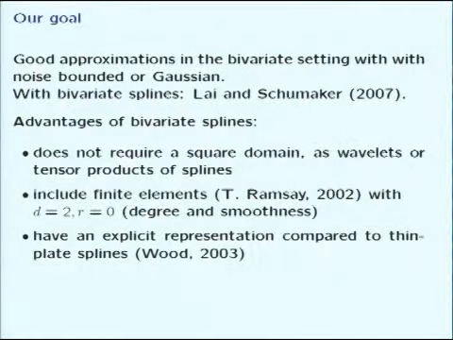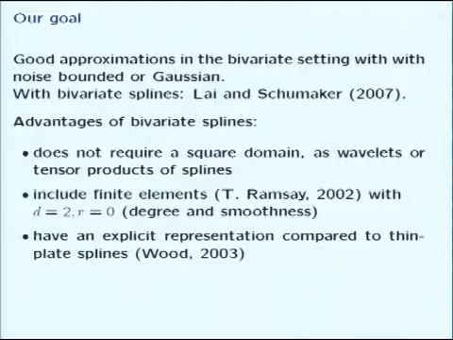Our goal here is a good approximation in the bivariate setting of the function of interest, and the tool will be bivariate splines. I will give more details about bivariate splines in a minute. But what are the advantages of using bivariate splines? It does not require a square domain as wavelets or tensor products of splines do.